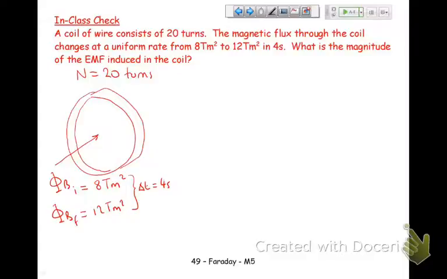Now let's do some principles. My principle is the EMF is equal to minus N d phi B by dt.